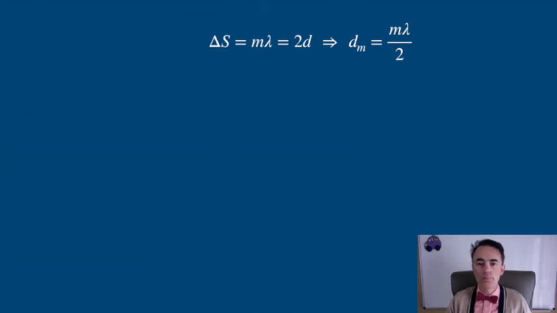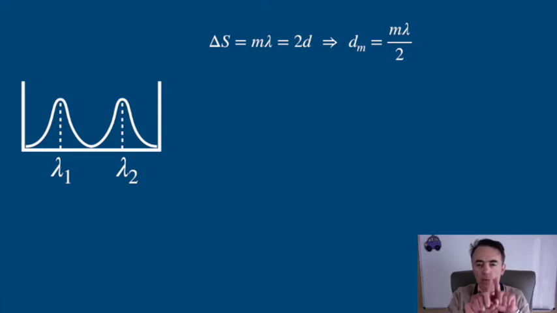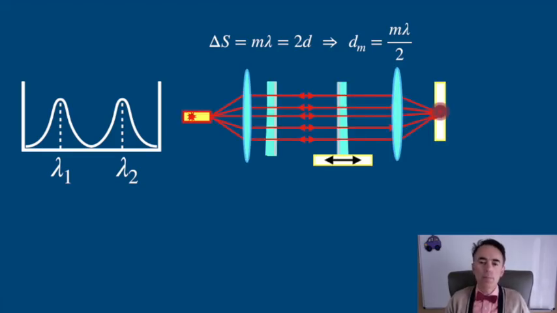For example, assume we have two very near wavelengths, lambda 1 and lambda 2. We send them to the Fabry-Perot interferometer. We know that lambda 1 is equal to 2 d1 over m, and lambda 2 is equal to 2 d2 over m.